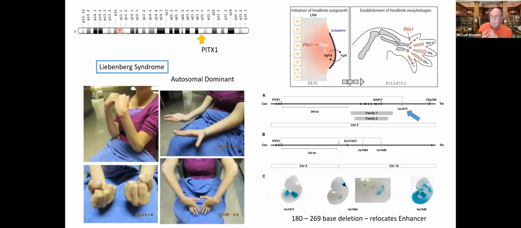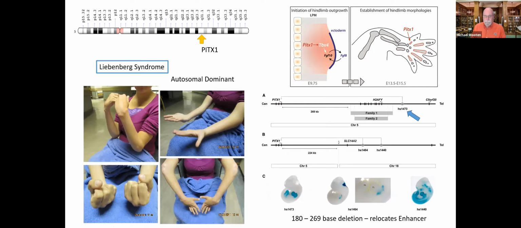And the last one is not a Hox system. As I said, I wanted to show you one that wasn't, because I concentrated on Hox, but there are other types of homeoboxes. The PITX1 gene is found on chromosome 5. It's involved in signaling through the pituitary.